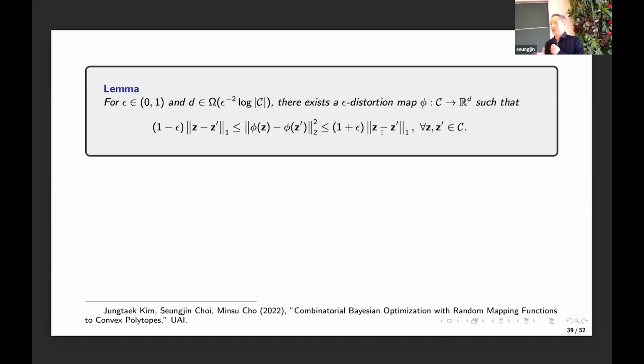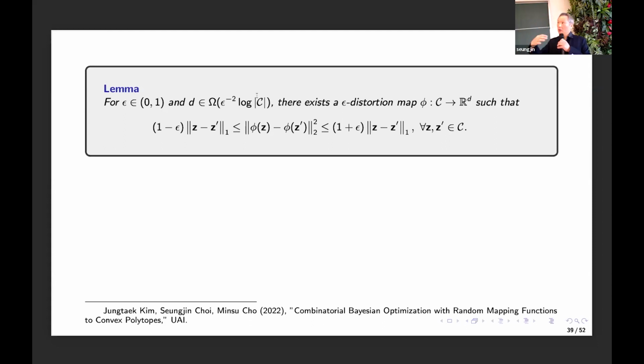So this is exactly what we want. This can be easily proved following some previous work, but this is the main theoretical result which allows us to develop our own method.